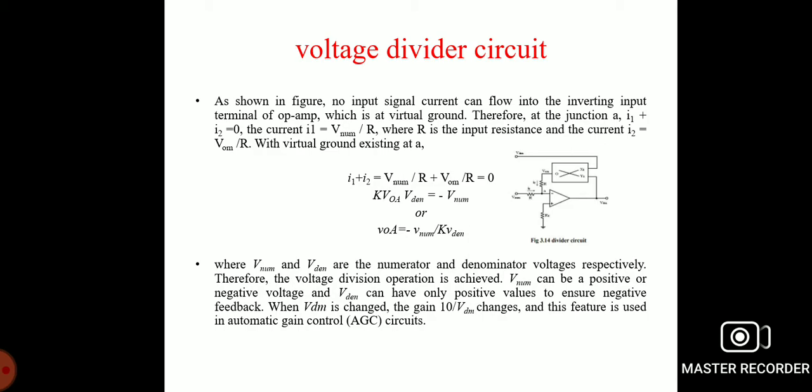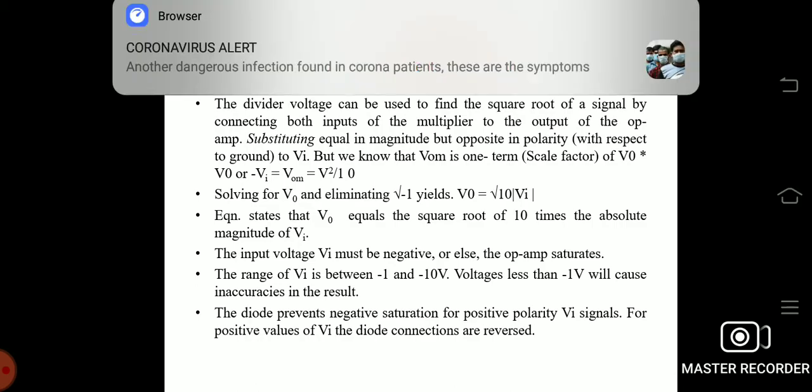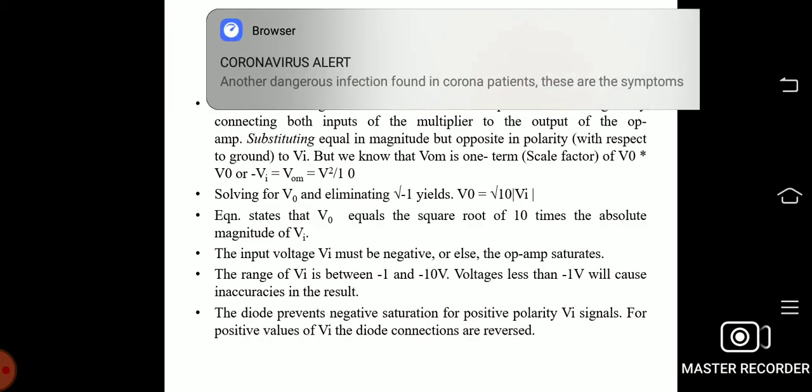Now, another application: the square rooter. The divider can be used to find the square root of a signal by connecting both the input and the multiplier to the output of the operational amplifier.